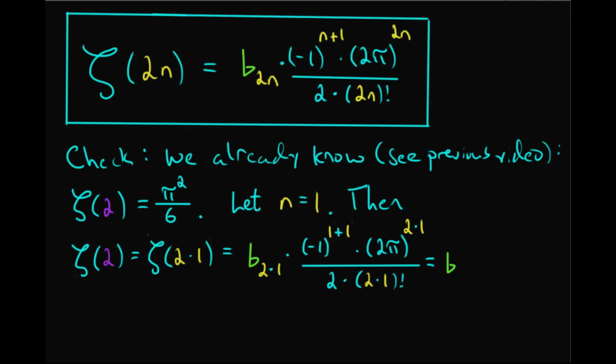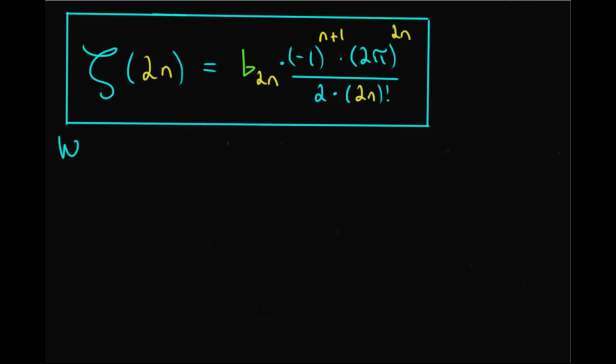This will equal b2 times positive 1 times the quantity 2 pi squared all over 2 times 2 factorial. Well, b sub 2 equals 1/6, and this will multiply 4 times pi squared all over 4, and that just equals pi squared over 6. So amazingly, this formula does work.